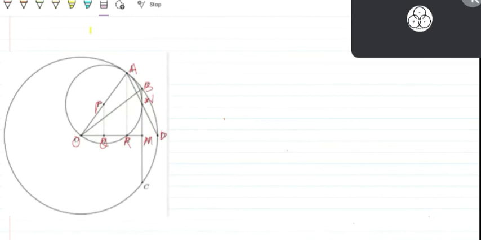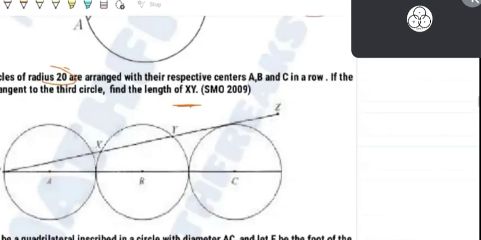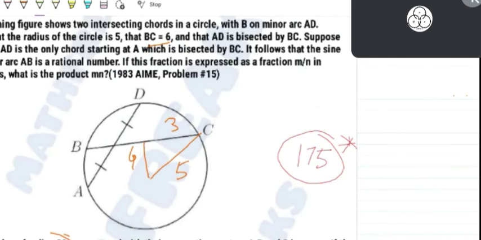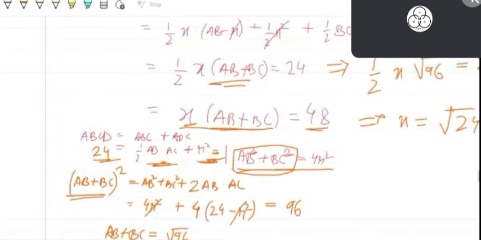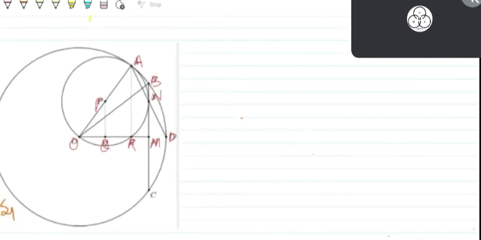What is the radius of this larger circle S1? It's given as 5, right? And at the very beginning, while reading the question, I showed you that this equals 4. So OM equals 4, right?